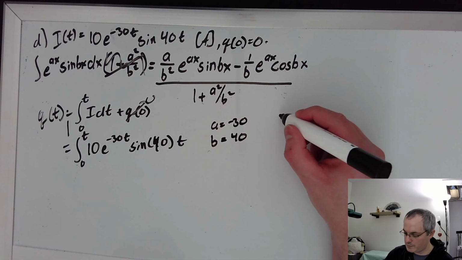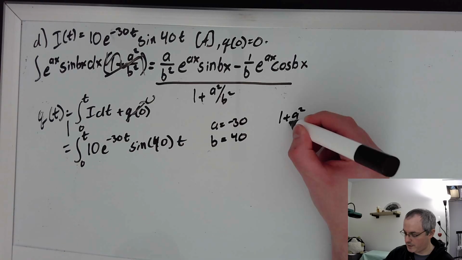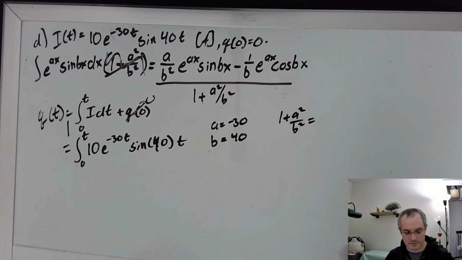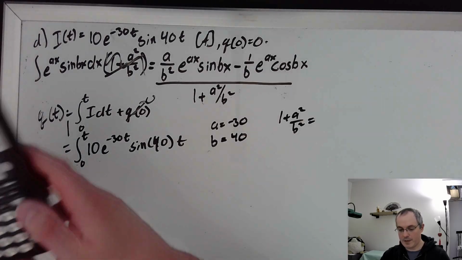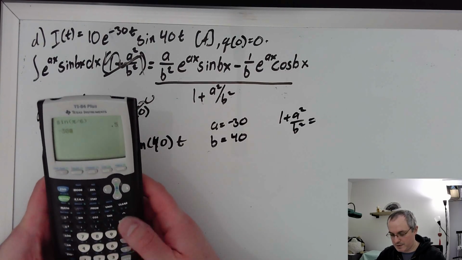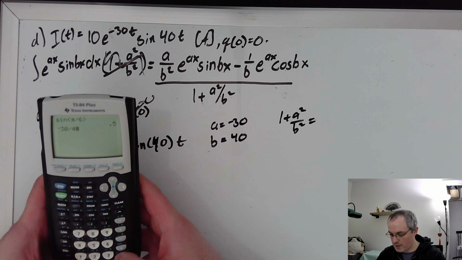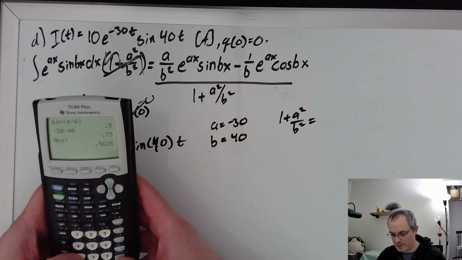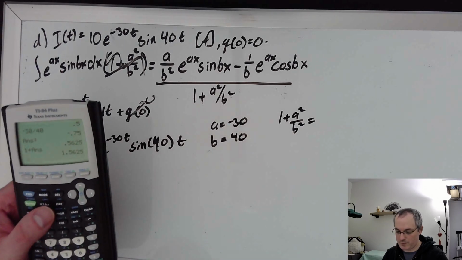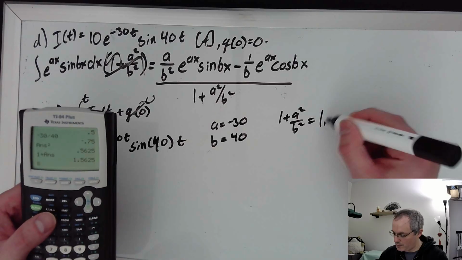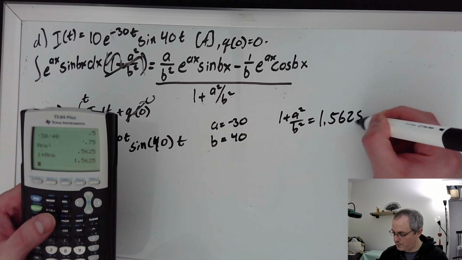So that makes 1 plus a squared over b squared equal to something: minus 30 divided by 40, square that, 1 plus that, 1.5625.